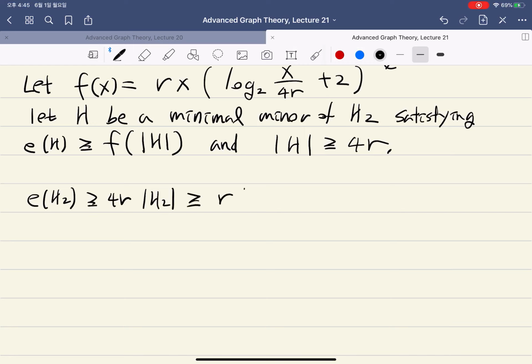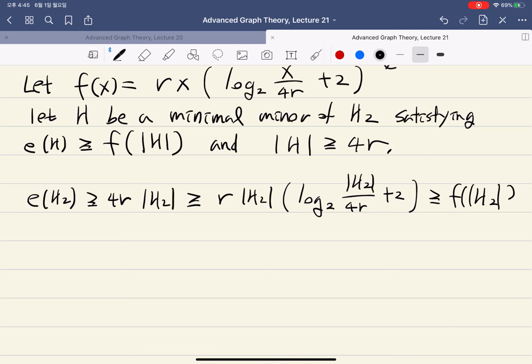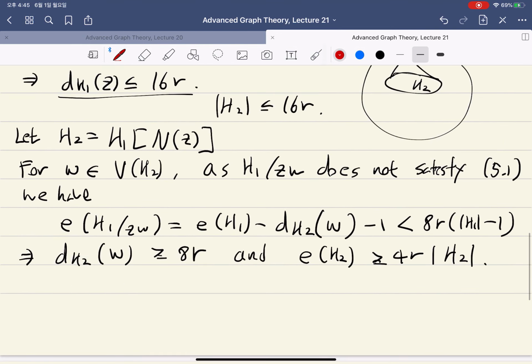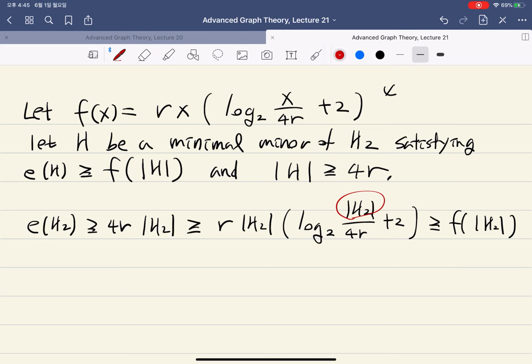And that's R times |H2| times log of 4R times |H2| over 2R plus 2, which is f of the size of H2. Here, why is it? So this is at most 16R. If this is 16R, this is 2 plus 2, which is the same as this. But this is at most 16R, so that means this is at most 4.